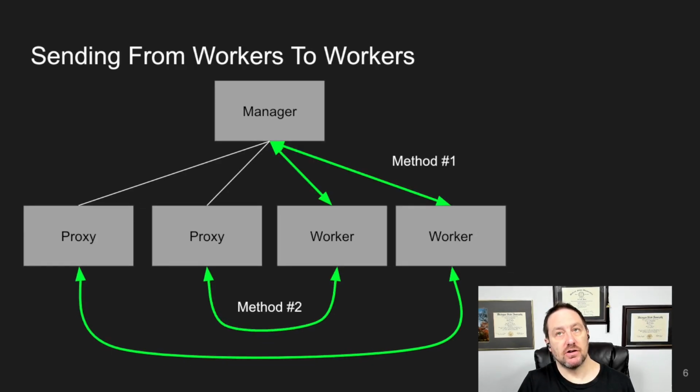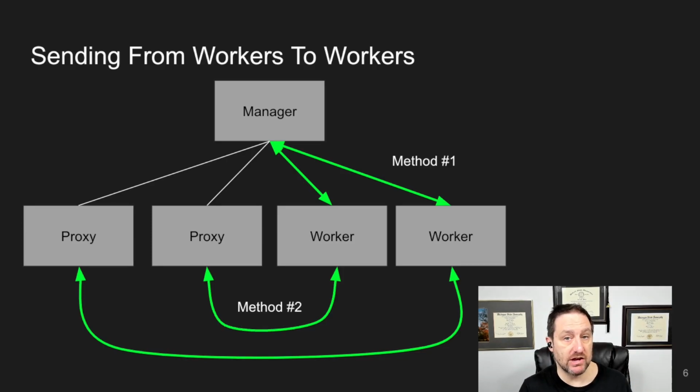Now, in another situation, you might want to take the data that you have and then somehow get that data to other workers that aren't you. So to do this, you actually have to bounce it either through the manager or through a proxy. So that's why you see the double-ended arrows, the green arrows, and there's two methodologies you could use.